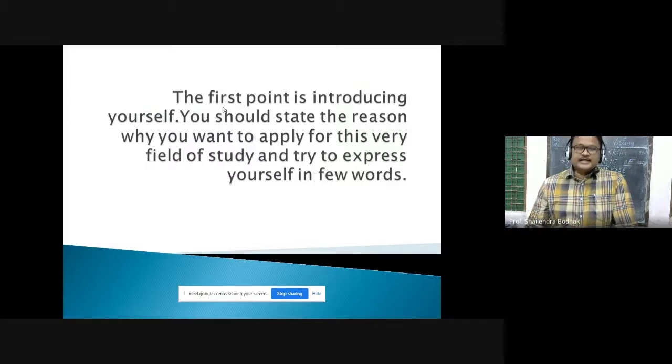See that you don't exceed the word limit, that is 500 words or 1.5 page. So you have to fit all these things in that 1.5 page. It will need a lot of practice for writing a perfect SOP.